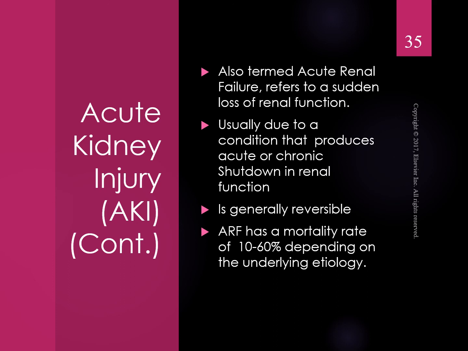Nitrogenous compounds build up in the blood, with an increase in BUN and an increase in creatinine. Renal function is approximated by creatinine levels. It is generally reversible, and acute renal failure has a mortality rate of 10 to 60% depending on the underlying etiology.